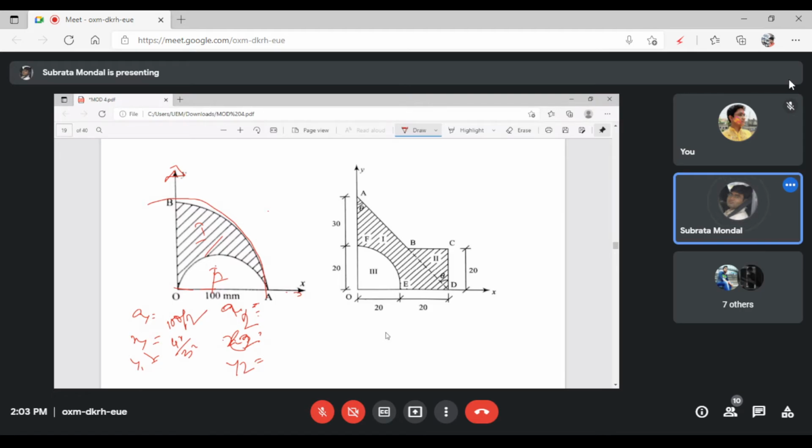For a2, we can calculate x2. The value of x2 is simply 4r by 3 pi.